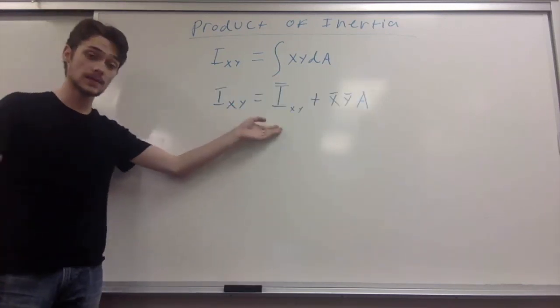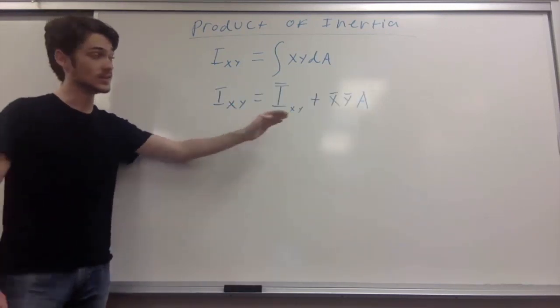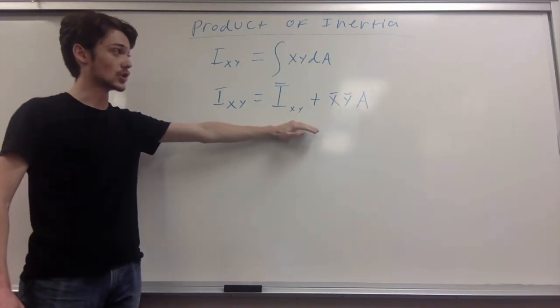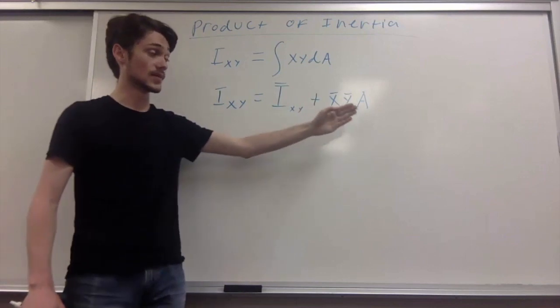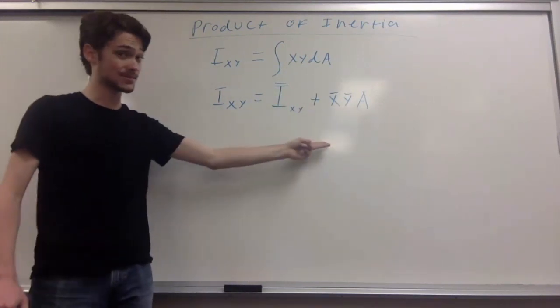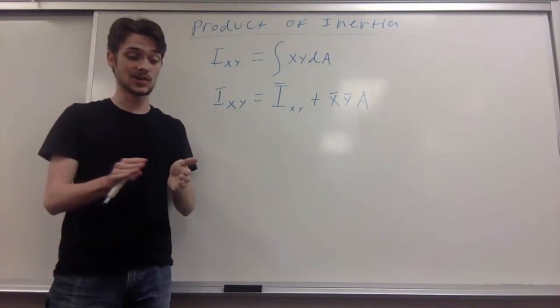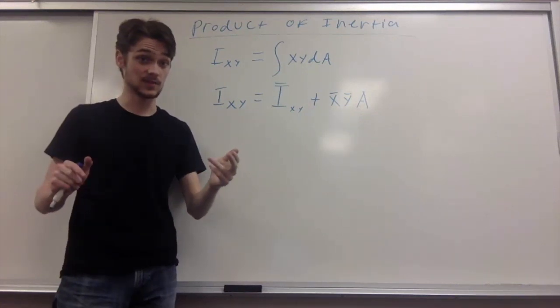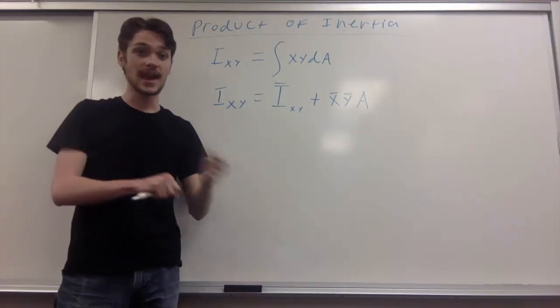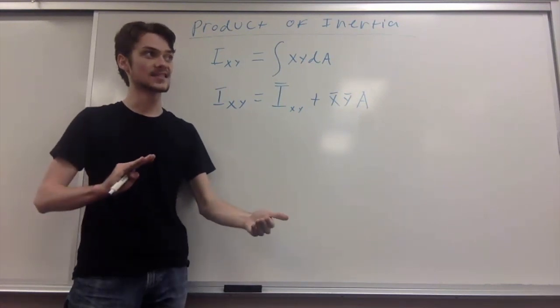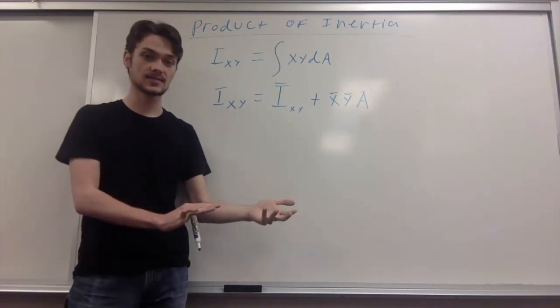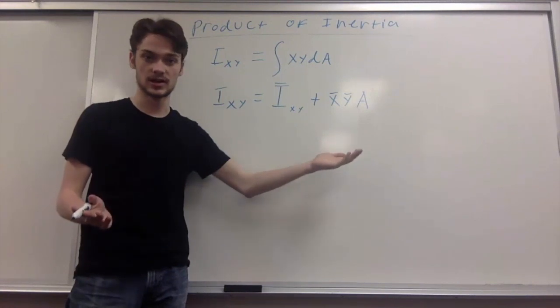Ixy is equal to I bar xy, which is the product of inertia with respect to our new axes, plus x bar times y bar times A, where x bar is the distance that our new y-axis is from the old y-axis, y bar is the distance that our new x-axis is from the old x-axis, and A is just the area of the object.